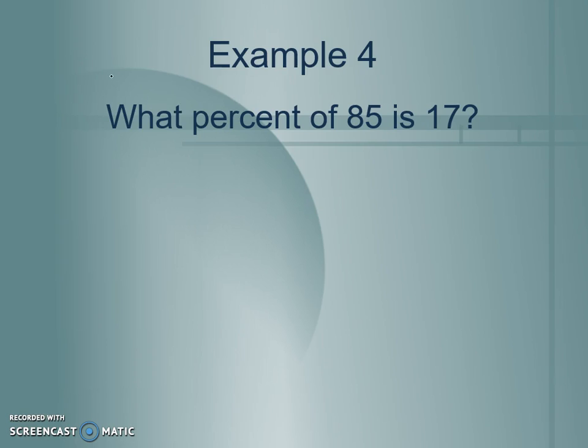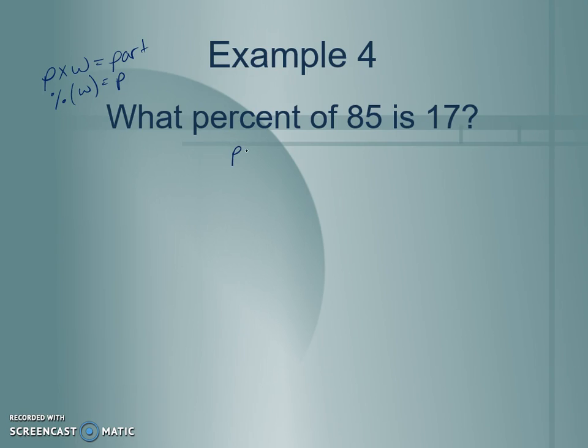So we need to remember, we have percent times whole equals part. Might even want to write percent times whole equals part, so we don't get our 2 p's mixed up.